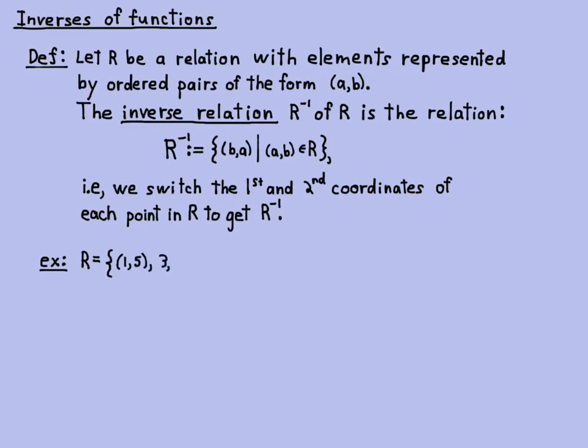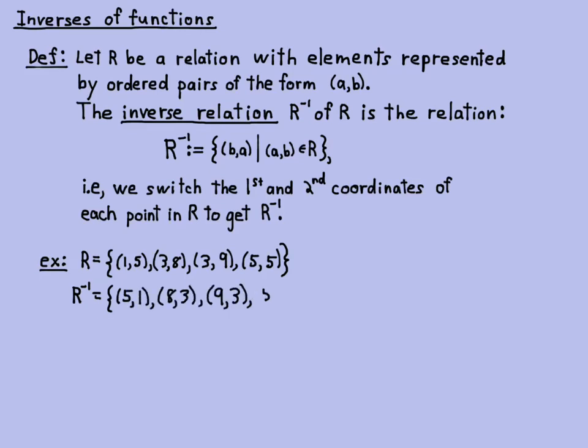So for example, this is a simple example with just 4 points in it. It's a relation, just a set of points, and all those points are different from each other. I'm going to write the inverse relation. That's the first relation. Notice we don't have R of X or anything. R is just the name of the relation. It's a set of points. For R inverse, you can see what I did here.